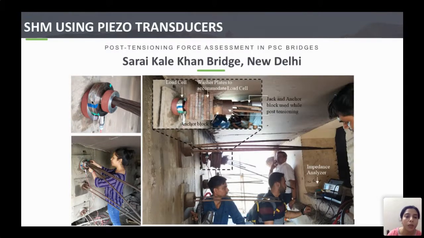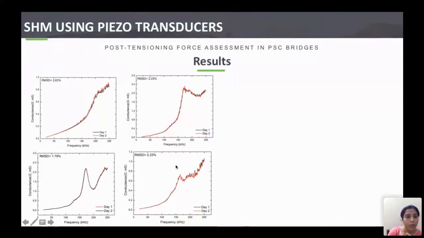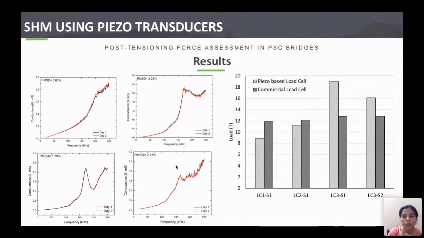I calibrated these sensors to give me the load values, and this is how it was attached on the site. We again calibrated in the lab, and we compared the results with the commercial load cells, and except for one load cell, the rest of the three load cells were giving good results. It's a very low cost alternative to the expensive load cells, I would say.